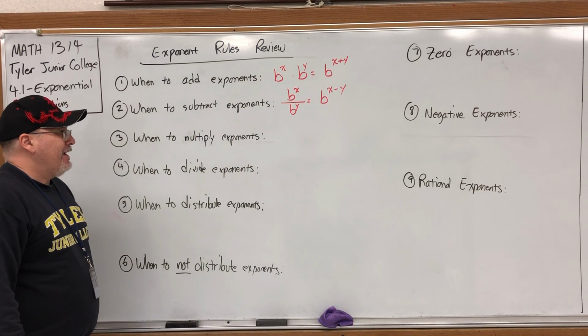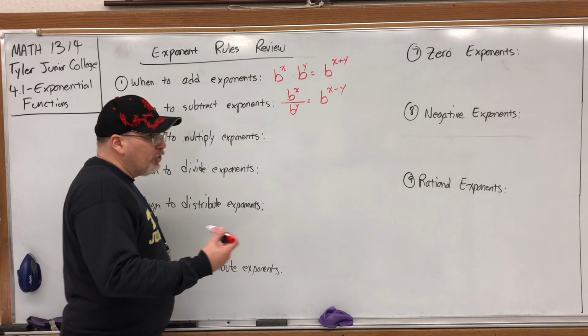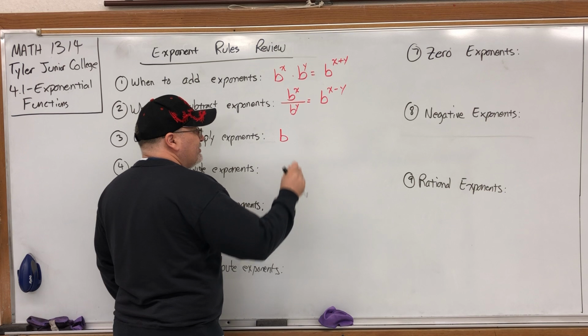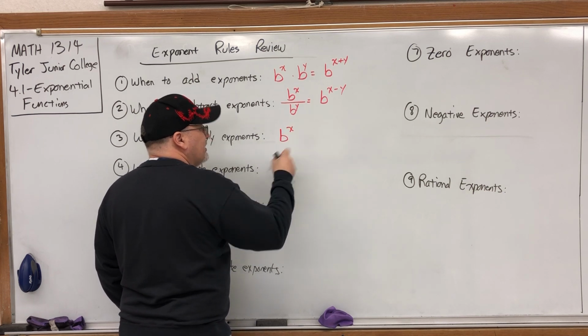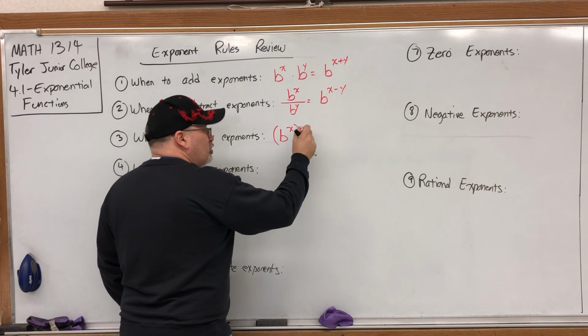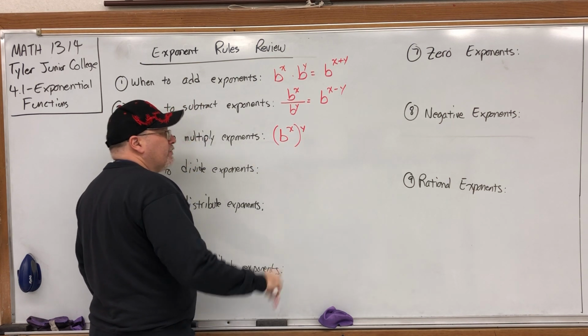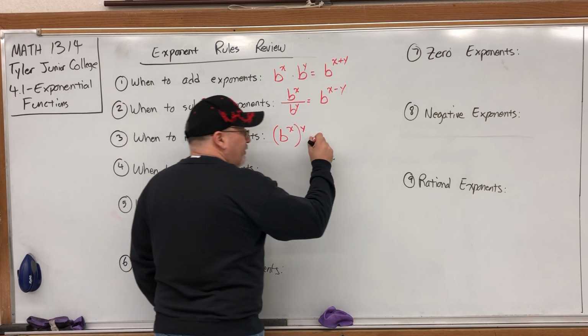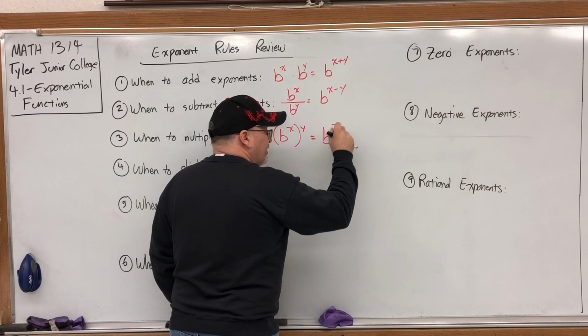So when do we multiply exponents? The time to multiply exponents is when you have a base, which we're calling b, and you raise it to some power, which we'll call x, but then you take that expression and raise it to another power, which we'll call y. So if we raise b to the x power to the y power, this is when we would multiply the exponents.